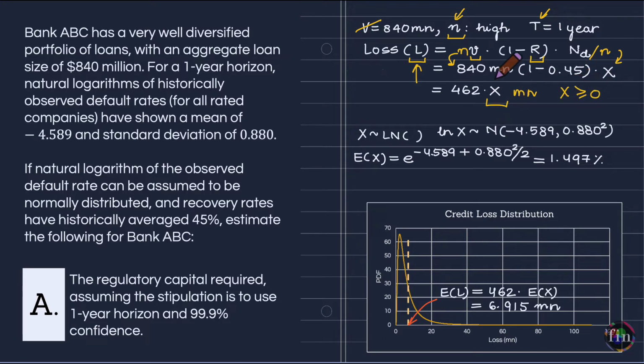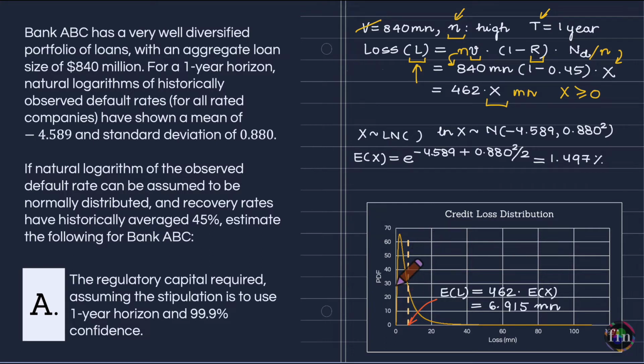A good choice of distribution for X is actually the log normal distribution. Shape-wise also, if X is log normally distributed, which means L is log normally distributed, the shape of the distribution of L, which would look something like this, would match what we generally empirically observe as the distribution of credit losses.